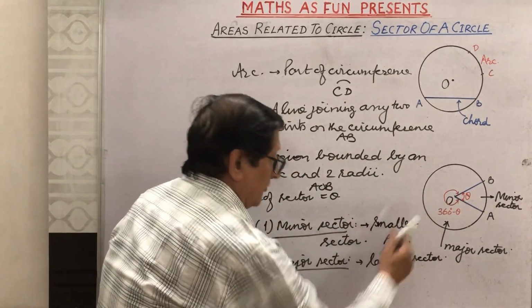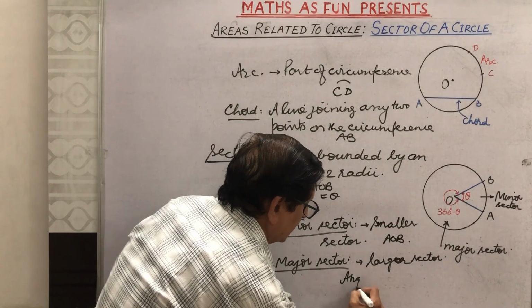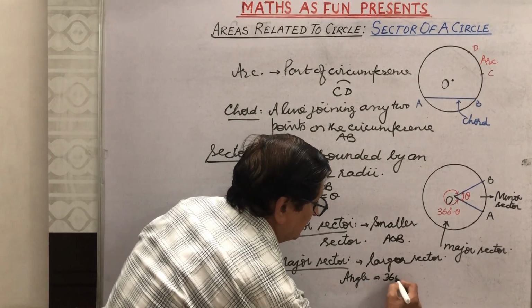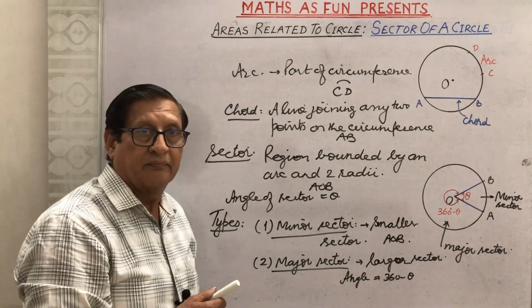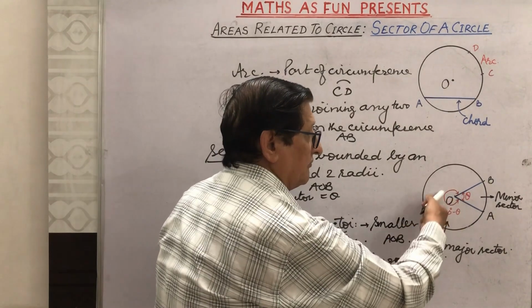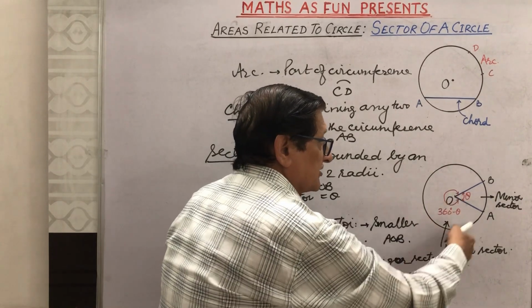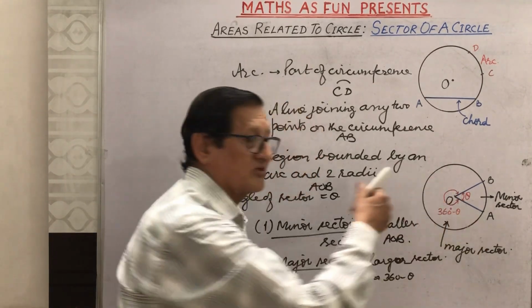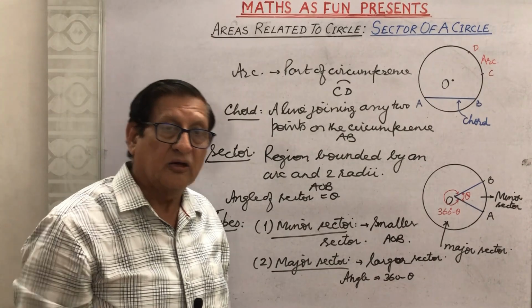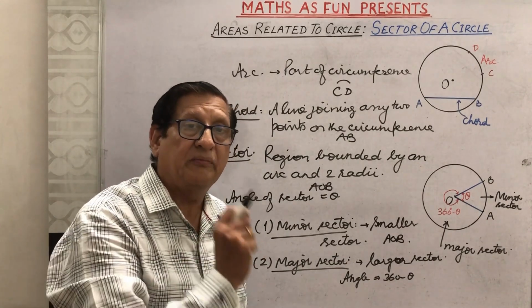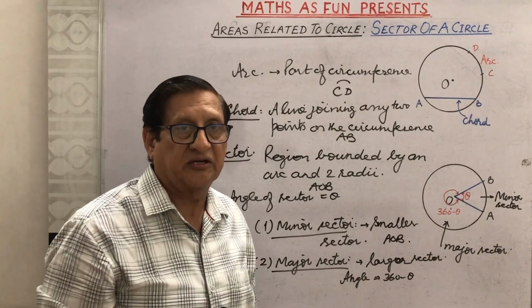And the angle of this sector will be 360 minus theta. If we subtract theta from 360, this is the angle of this larger sector, that is that of the major sector. Now we'll learn how to find out the perimeter and area of the sector.